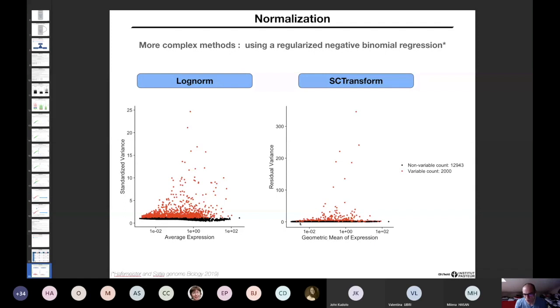What you should see here is that in this graph the variance is stabilized in a better way. So when the mean increases, the variance is still very low, whereas here it's much more diffuse.